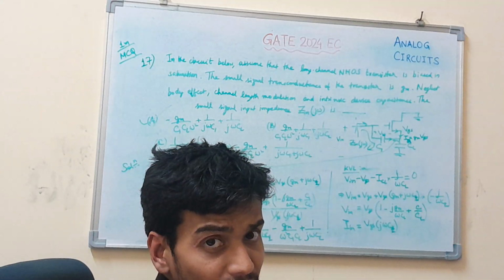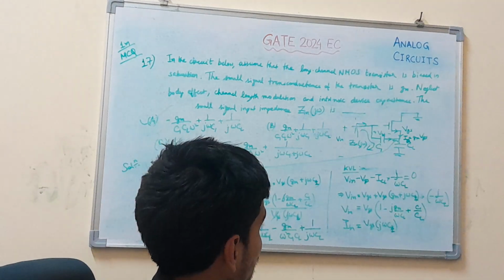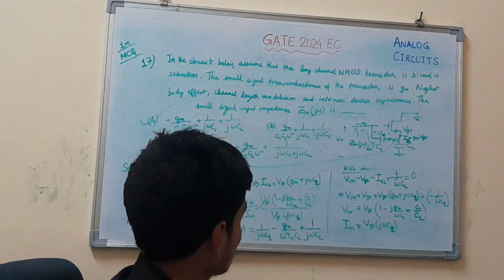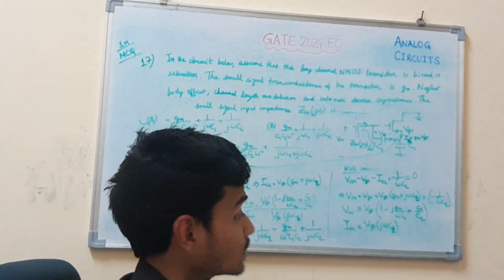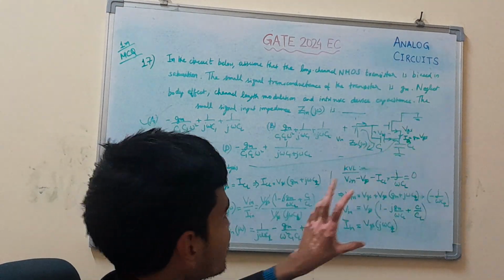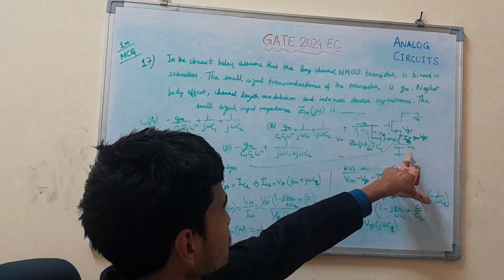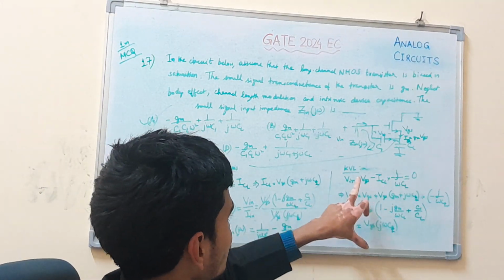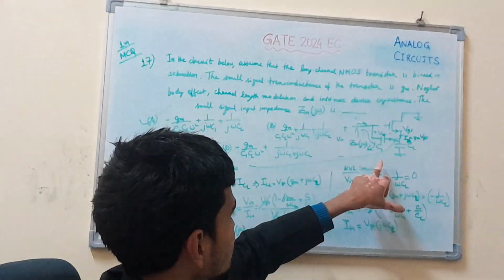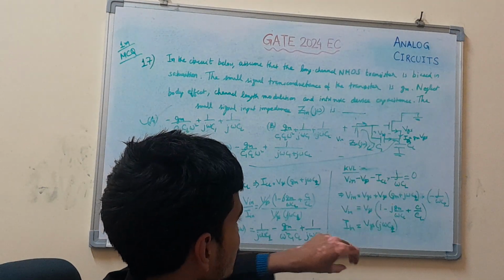I've shown the detailed steps and also explained the approach behind the question. Basically very simple: first, basic circuit analysis. Apply nodal analysis at this node to find the current through capacitor CL. Then apply KVL in the input loop to find V in in terms of VGS.